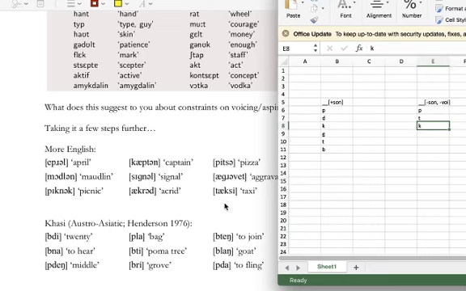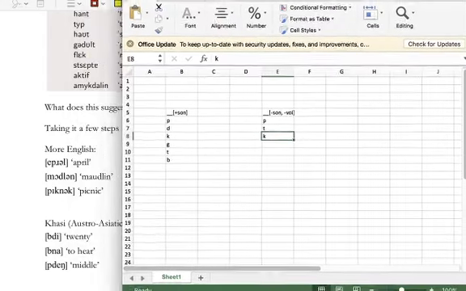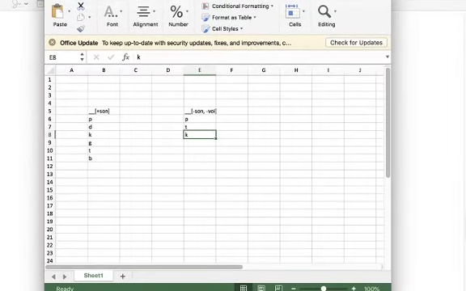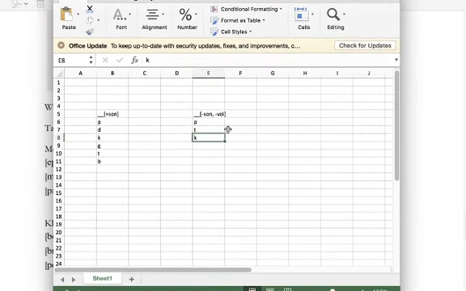Taxi is good, but tagsi is not really allowed. Captain, okay, but cabtin, there are no words like that in English. There are a few exceptions to this if you look in proper names, but proper names actually always have a different phonological grammar than other words in a language anyway. So we don't expect those to be subject to exactly the same ranking of phonological constraints.